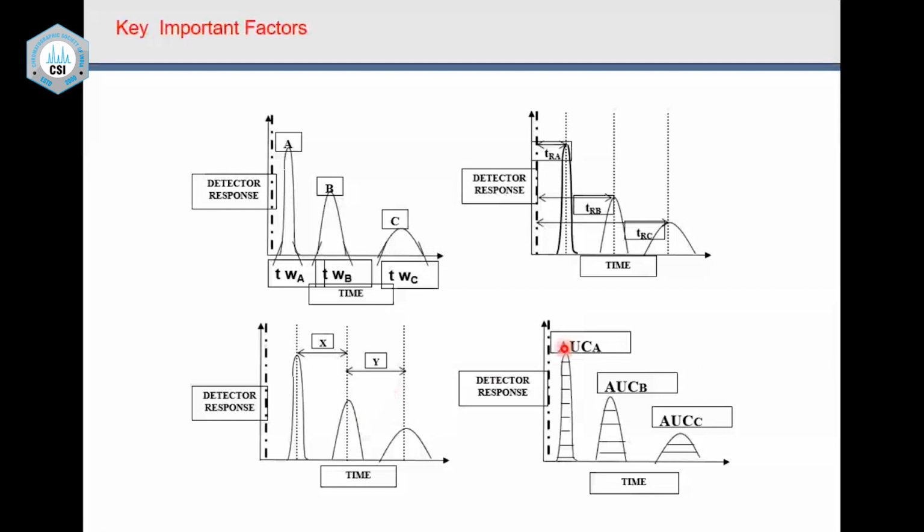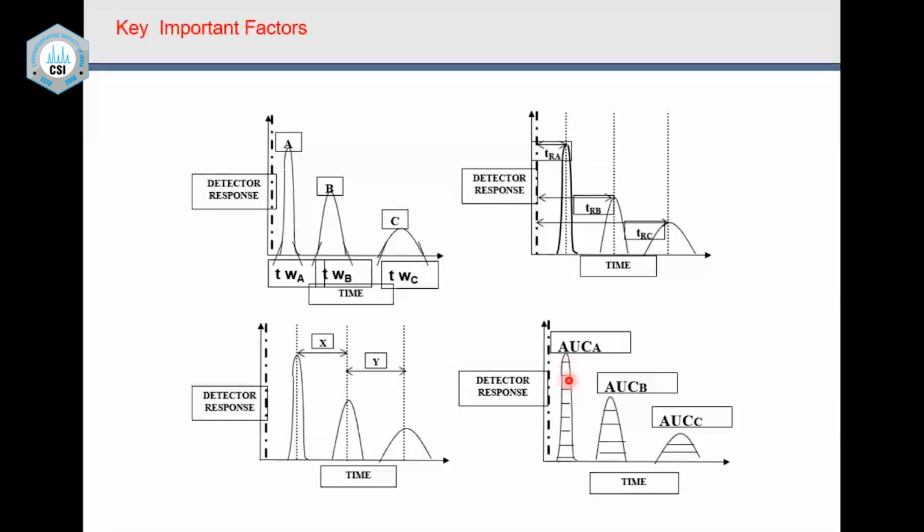And then this is the third thing, where I'm talking about the area under the curve. So the area of A, area of B, and area of C. Now the area under the curve is responsible for the concentration. If I have a particular concentration of A, the area of the peak would be some amount, which can be given by the instrument in terms of some counts.